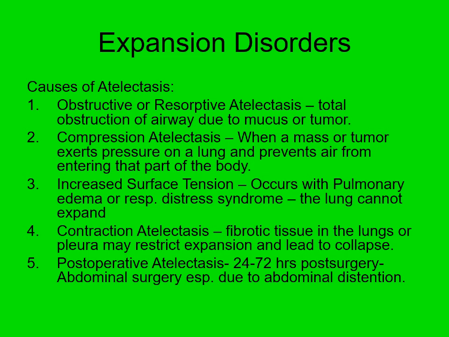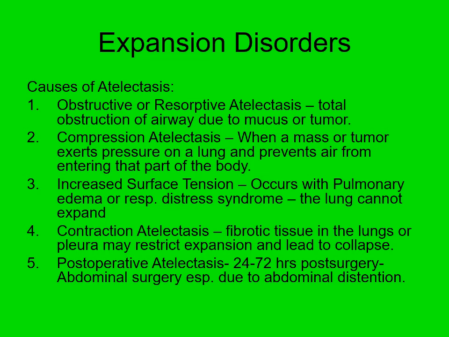Causes of atelectasis: obstructive or resorptive atelectasis, total obstruction of the airway due to mucus or a tumor. Compression atelectasis, when a mass or tumor exerts pressure on a lung and prevents air from entering that part of the lung. Increased surface tension occurs with pulmonary edema or respiratory distress syndrome.